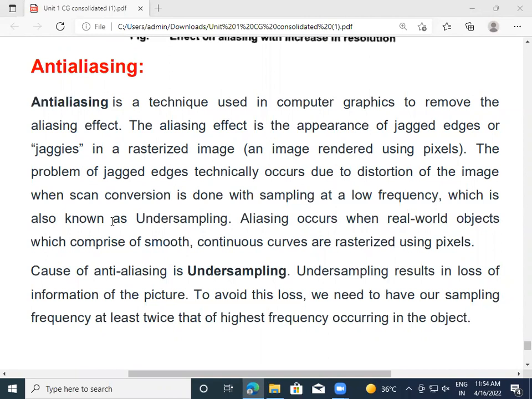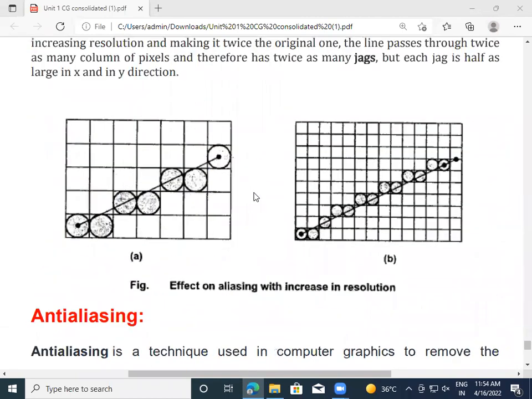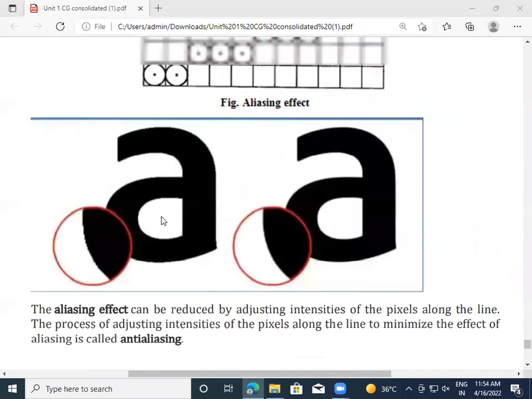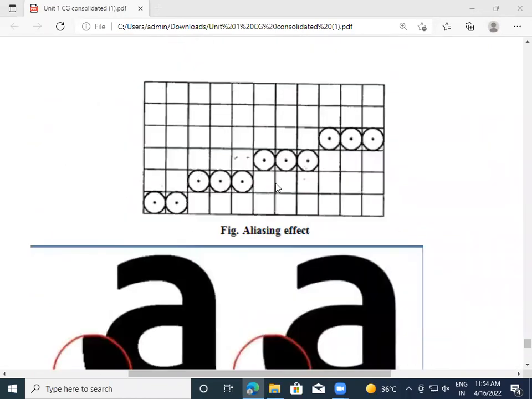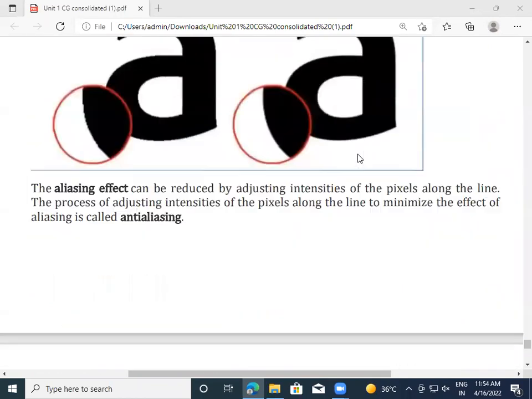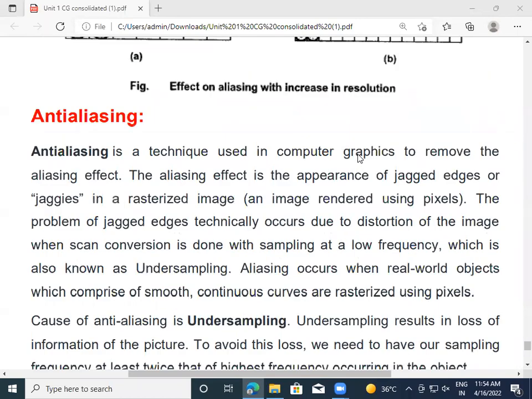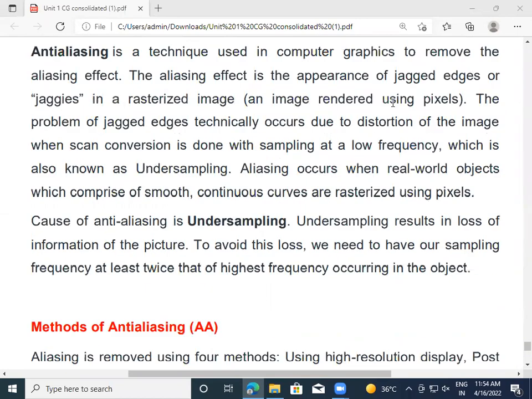So the jagged image we have already seen, this kind of image, is nothing but the jagged image which appears. Basically, these are jagged edges or jaggies in a rasterized image.